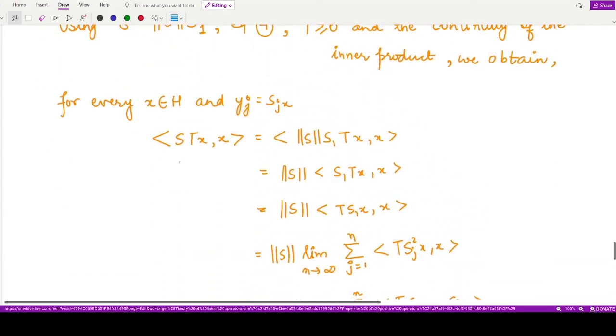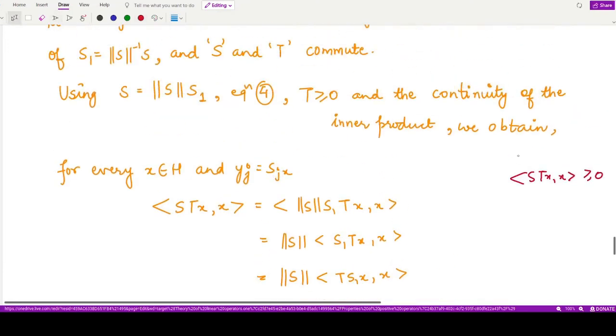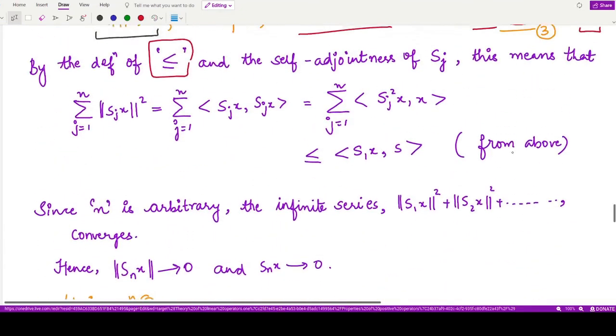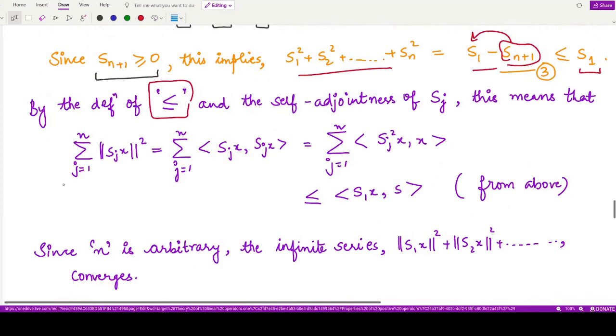We wanted to prove that the inner product of Stx with x is always a positive quantity, in order to prove St as a positive operator. For that we are considering an expression here. This is the summation of the norm square of Sjx. So basically we are considering S1x norm square plus S2x norm square up to Snx norm square. We are considering this expression.